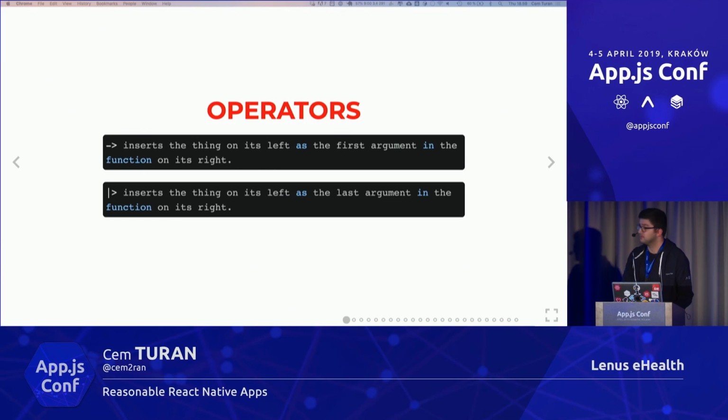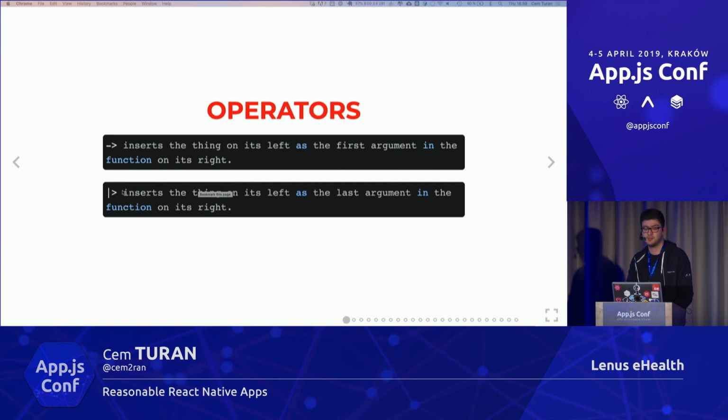All right, so some other cool things worth mentioning with regards to Reason is that you have some nice operators. If you've been doing some functional programming in JavaScript, you might also have come across a proposal for adding pipes, the pipe operator.